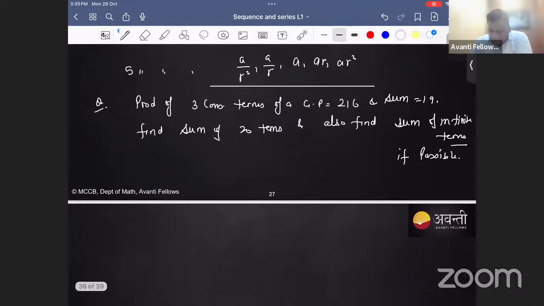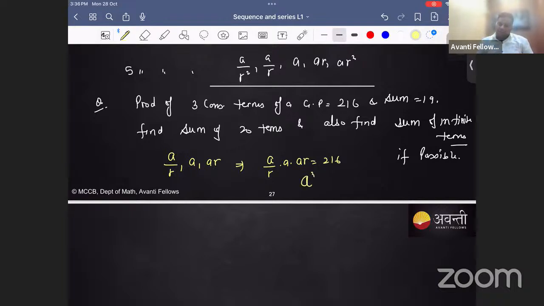Now see. The product of 3 consecutive terms of a GP is 216 and their sum is 19. Now, product is what they are talking about. So first of all, I will assume the terms as A by R, A, AR. Their product A by R into A into AR is 216, so A cube is 216, and you get A as 6.